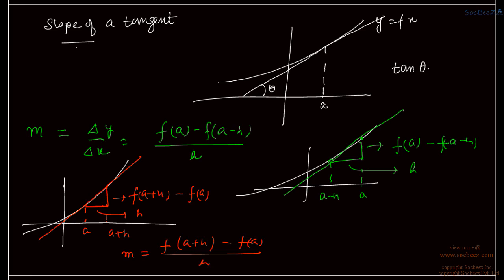Okay. See, when h tends to 0 in both cases, the line becomes a tangent. That is, in here where we have taken the green line and where we have taken the red line.